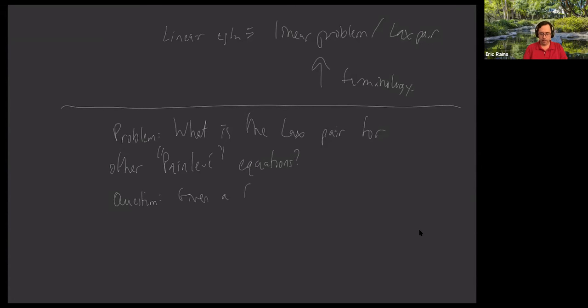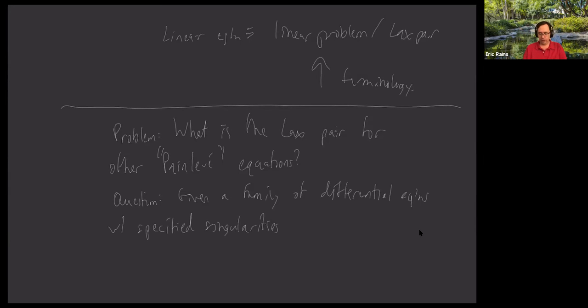Given a family of, let's say for the moment, differential equations with specified singularities, and when I say specified singularities, I mean not just where the singularities are, but the local structure of the equation near the singularities. So, is it a simple pole? Is it a double pole? What's the residue? That sort of thing.